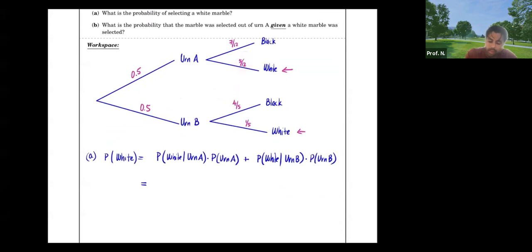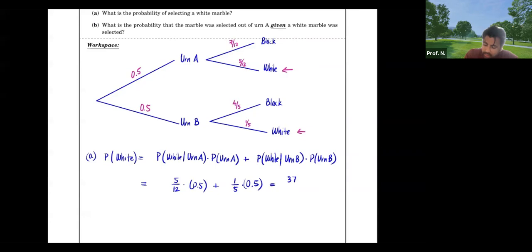And then put it in, multiply the correct probabilities together. So given that it's white, I got 5/12, multiplied by urn A, which is 0.5, plus the probability that white given urn B, that's 1/5, multiplied by 0.5. And so when you put that in your calculator correctly, and you multiply the given probabilities and add them, you get some weird number here.